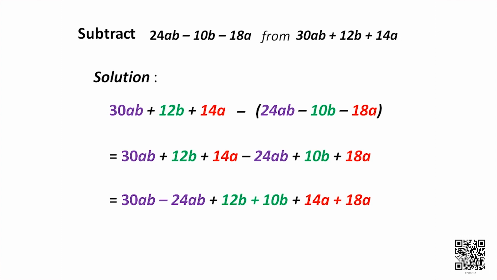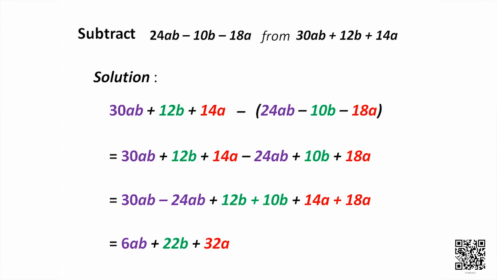So I have put it together in green color, and then in red color we have 14a plus 18a, and when we add or subtract this, this gives us the result. 30ab minus 24ab gives you 6ab, 12b plus 10b gives you 22b, plus 14a plus 18a gives you 32a. So this is how we subtract it.